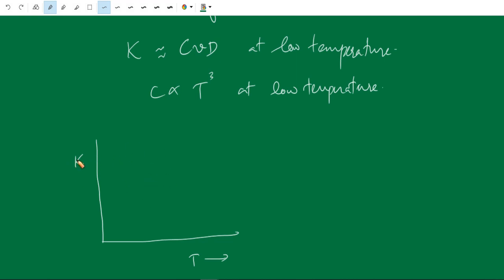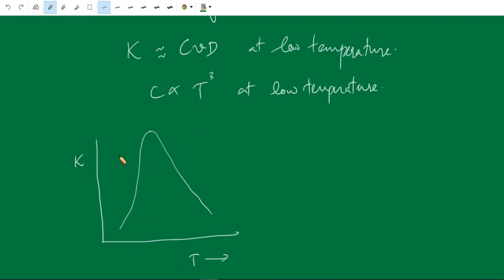The thermal conductivity coefficient kappa has a maximum value at an intermediate temperature, and at low temperature as well as at high temperature the thermal conductivity decreases, because at high temperature due to Umklapp scattering the mean free path decreases, and at low temperature the mean free path is constant, equal to the diameter of the specimen, but the heat capacity decreases as T cube.